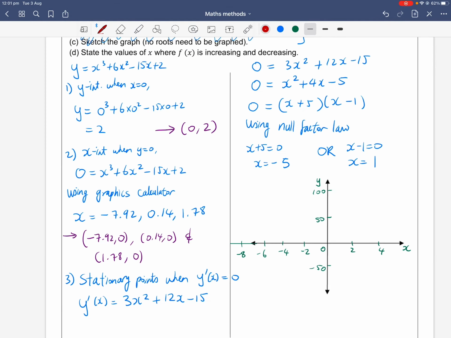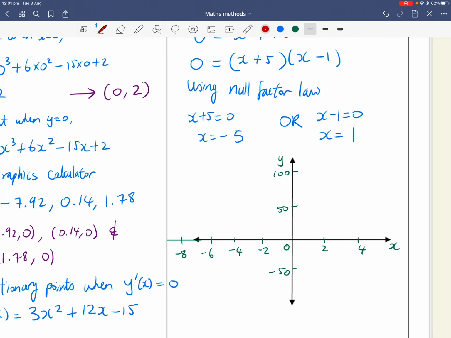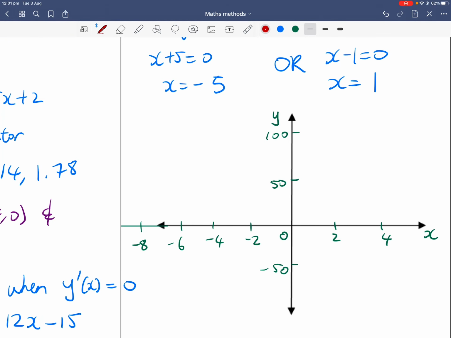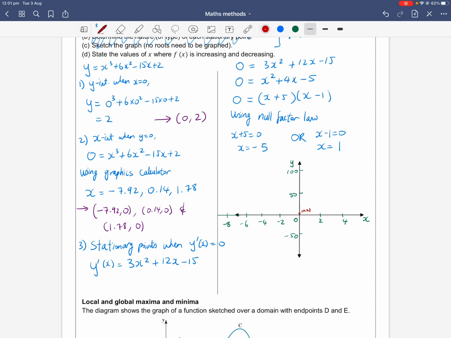All right, so let's mark our points in. We've got 0 across, 2 up as our y-intercept. So it's really close because our scale is tiny. So labeling 0 across, 2 up. Just going to label it a little bit bigger.